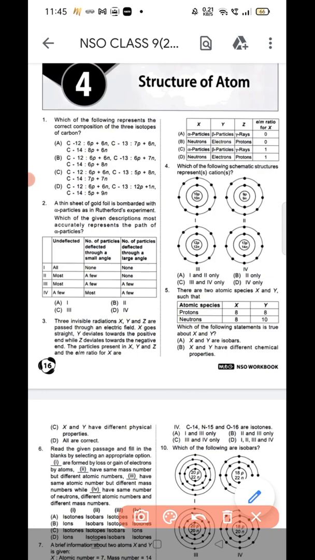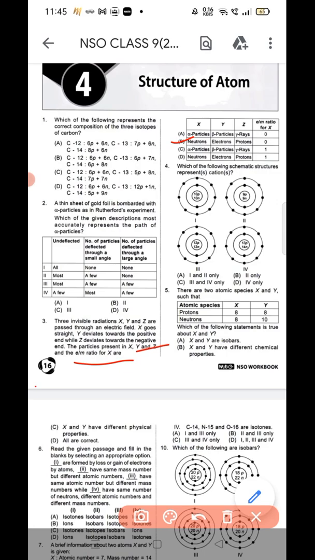The particles in X, Y and Z and the e/m ratio for X, Y, Z are: alpha particles, beta particles, gamma rays, 0, 0, 1, 1. So question number 3, option B is the correct answer.